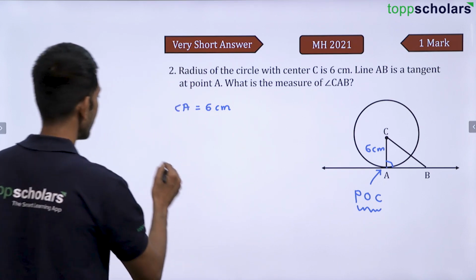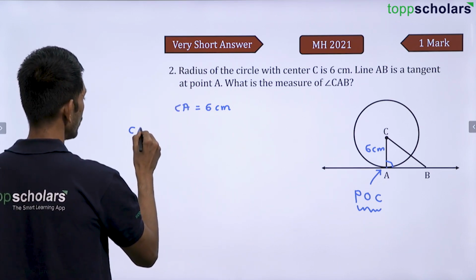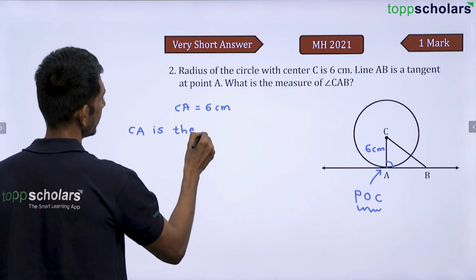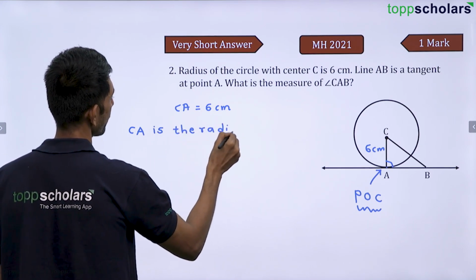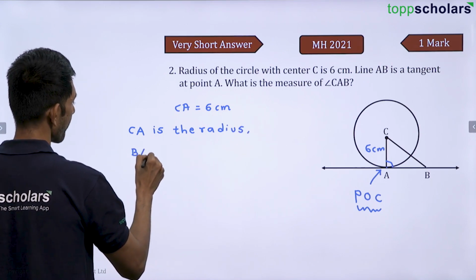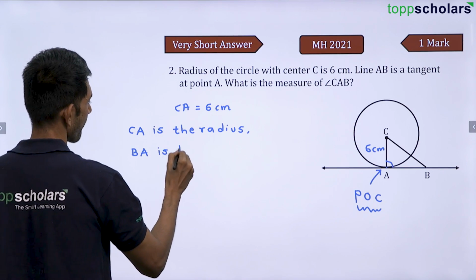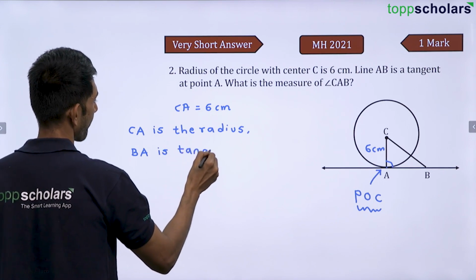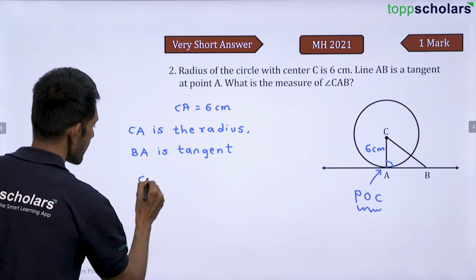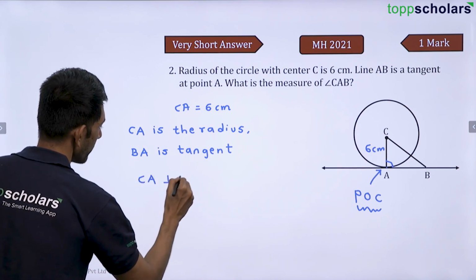So can I say CA is the radius? We start like this. And BA is the tangent. So can I say CA is perpendicular to BA.